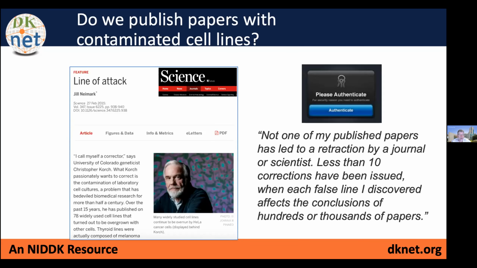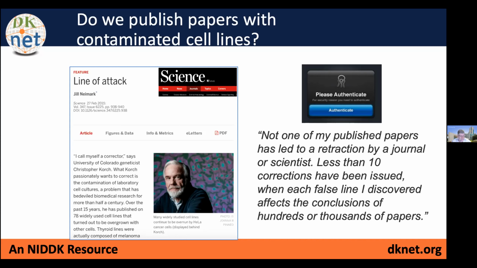But the other issue, and this is why we're trying to pull all this information about the performance of resources such as cell lines, is that people are still publishing with contaminated cell lines, and cell lines that may be problematic.